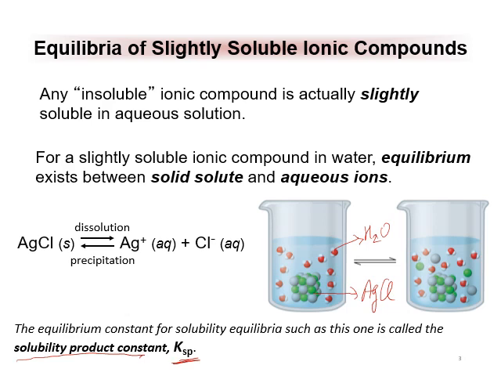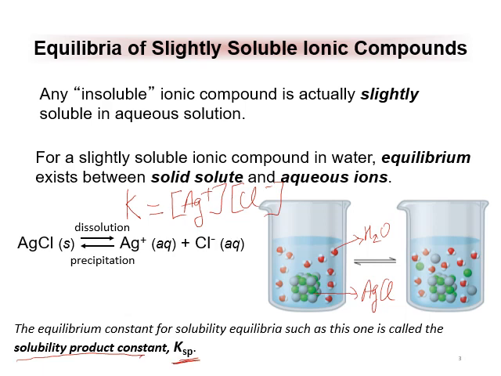So it gives its cations and anions. Whenever we write the equilibrium expression, you remember, the equilibrium constant is always products over reactants, right? So the concentration of product in this case is going to be Ag+ times the second product, which is Cl-, and both of their exponents are 1. Why?